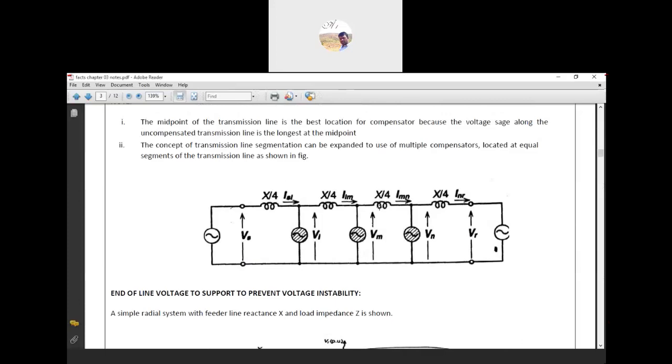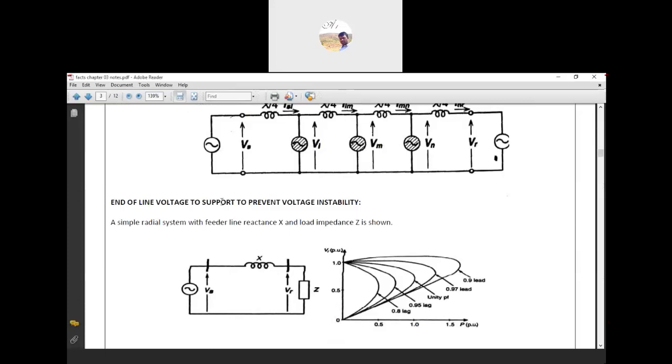This diagram shows how midpoint voltage regulation is done for the line segmentation. How will it be connected?